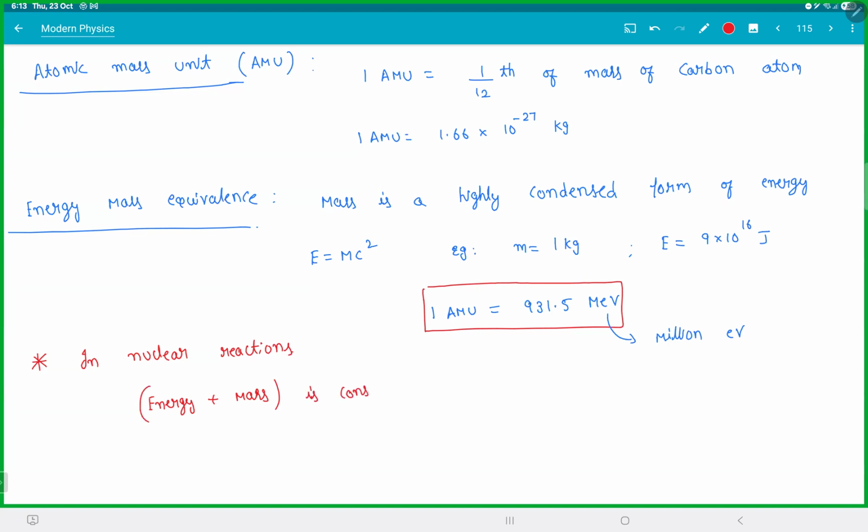So mass is also a type of energy. In mechanics, we never had that issue. Mass never becomes energy in normal situations. So only energy or mass alone is not conserved.